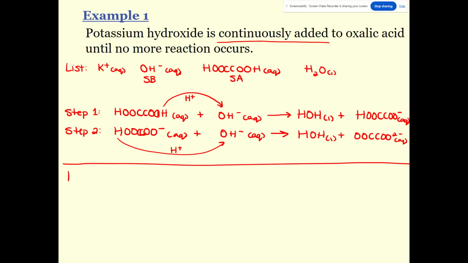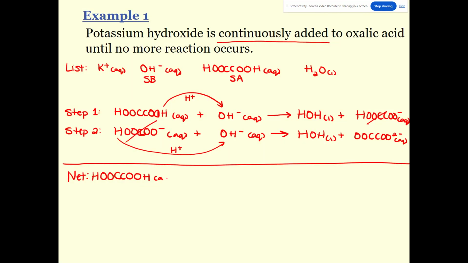Okay? So to write our net reaction, we cancel any intermediate species, something produced in one step and used up in the next step. You can always cancel things when they're on opposite sides. If they're on the same side, they add together.